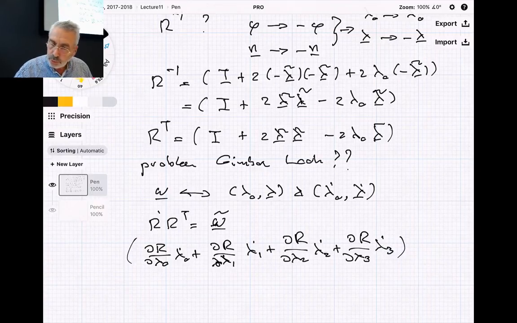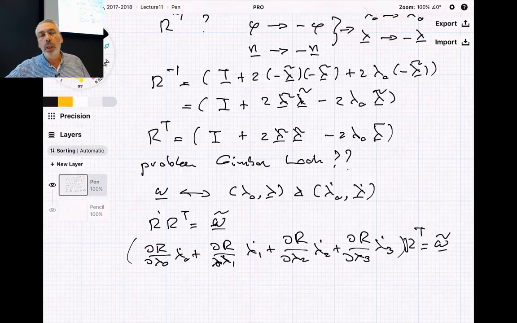And then everything times R transpose, and that should be this skew-symmetric matrix. That is a way to go. It's lengthy and error-prone again.